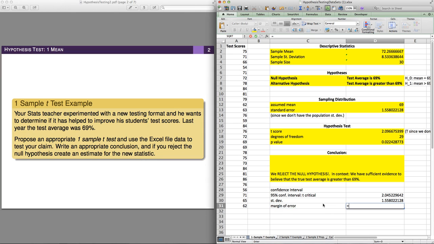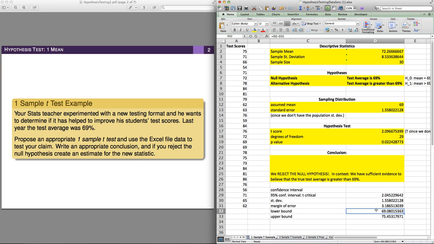My margin of error is the product of those two. Now I can build my confidence interval. My lower bound is my mean minus my margin of error, and my upper bound is my mean plus my margin of error.